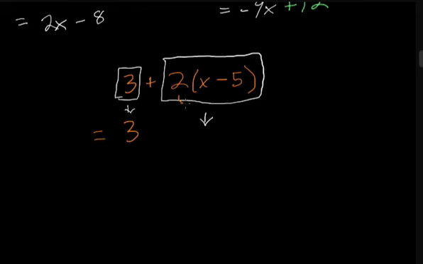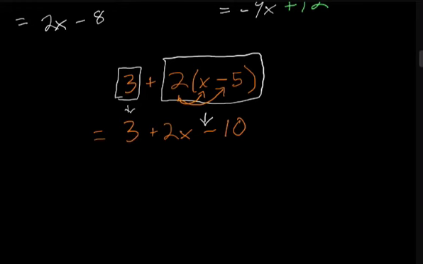So we're going to take 2 and we're going to distribute it to the x. So that'll give us a positive 2x. And then we're going to take 2 and distribute it to the negative 5. And 2 times negative 5 is negative 10. And so now we've turned this expression, 3 plus 2 times the difference of x and 5, into a different expression, 3 plus 2x minus 10.